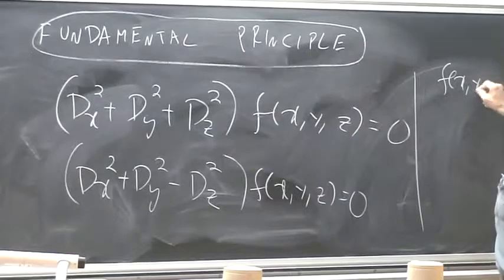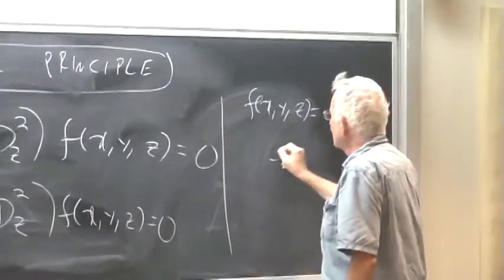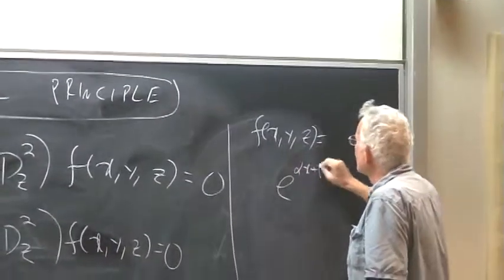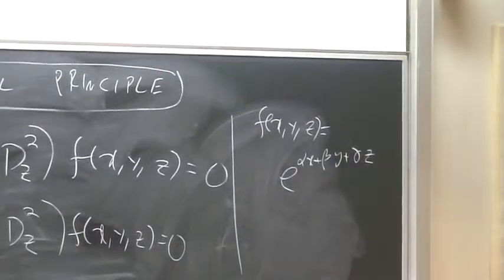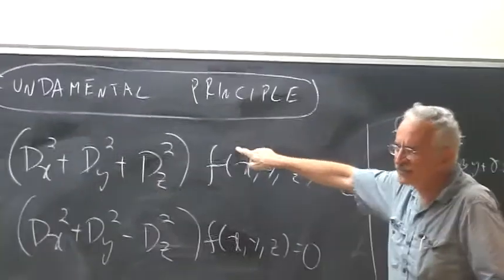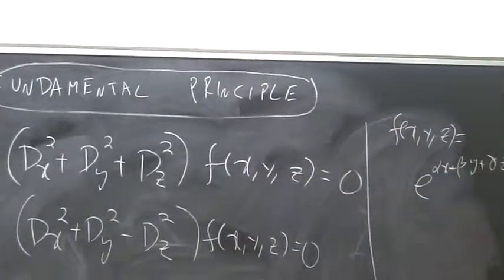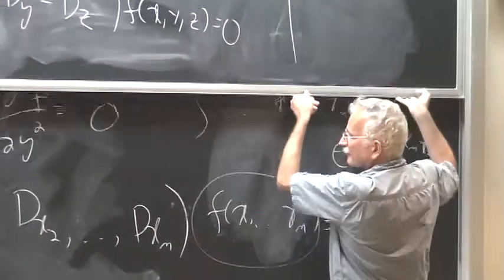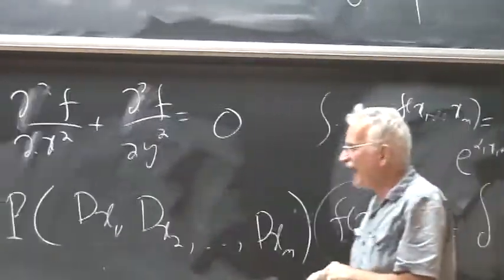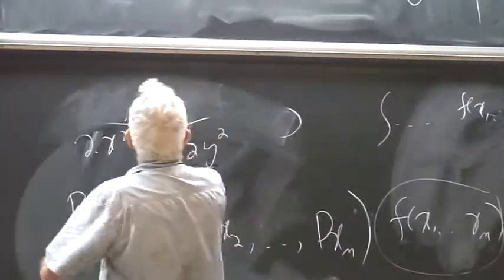You write f of x, y, z is e to the alpha x plus beta y plus gamma z. You plug it in the first equation, you plug it in the second equation, and you get conditions for alpha, beta, and gamma. And you get a so-called algebraic variety.